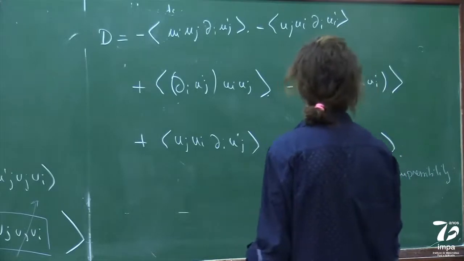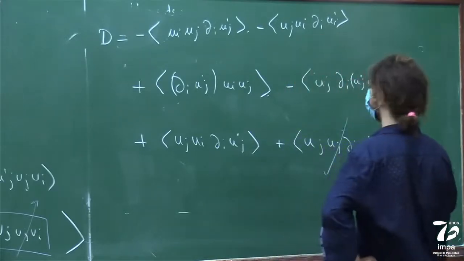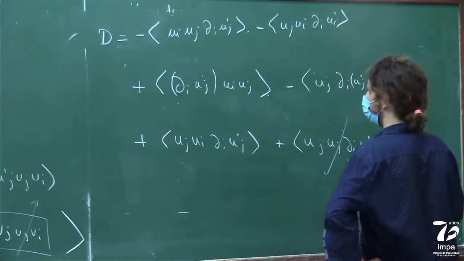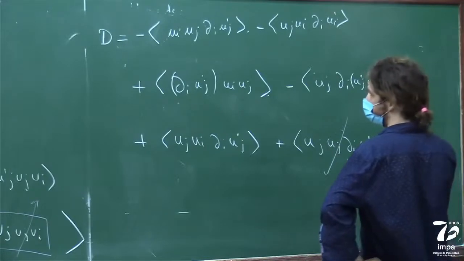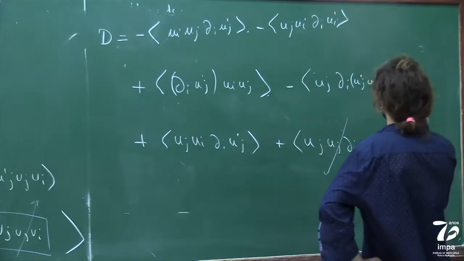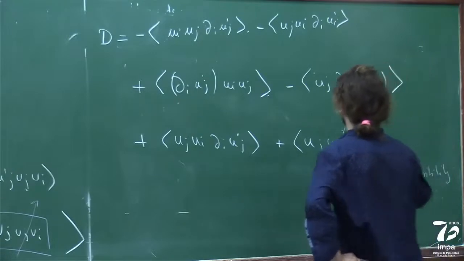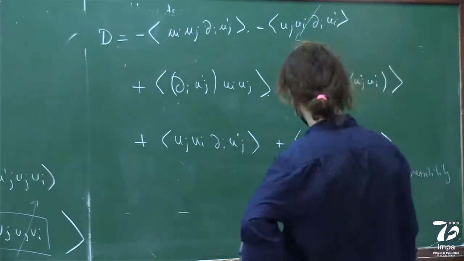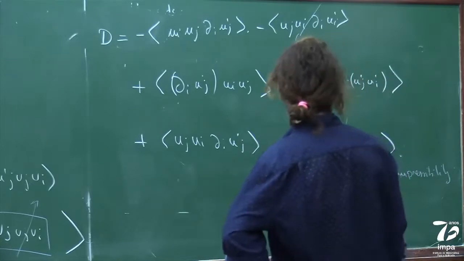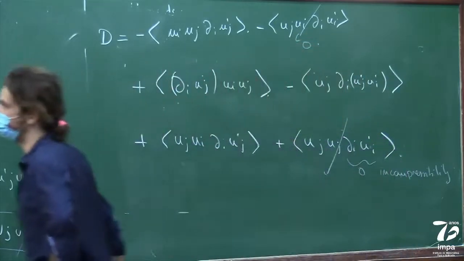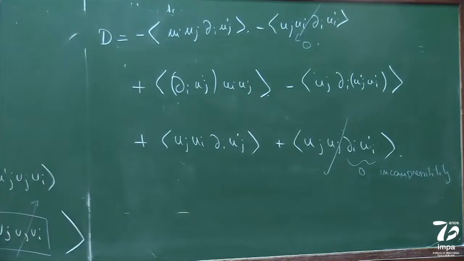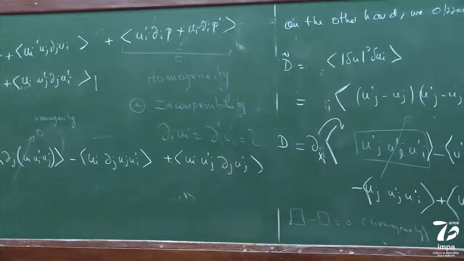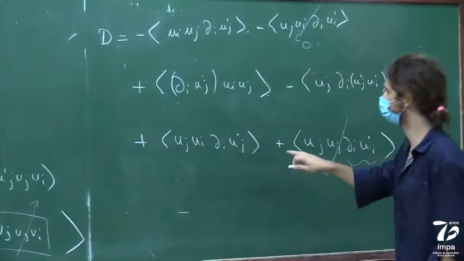And there should be another one which vanishes by homogeneity. It is this one, yes. This one is 0 by homogeneity. And then we are left with essentially twice the LHS, which is here. We can recognize the patterns.